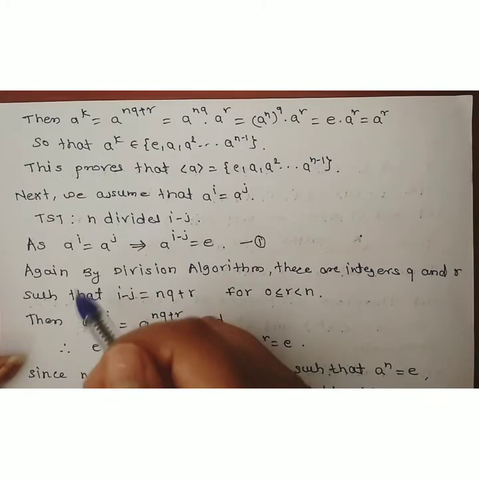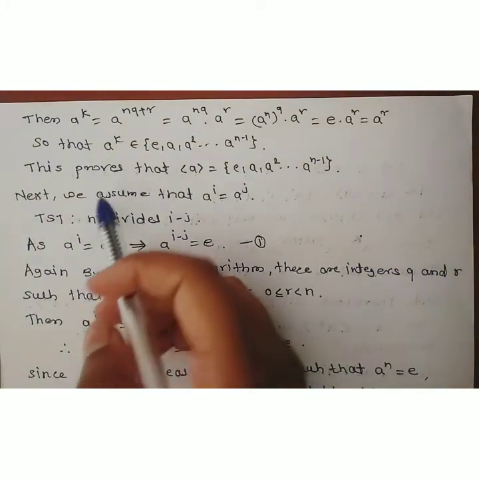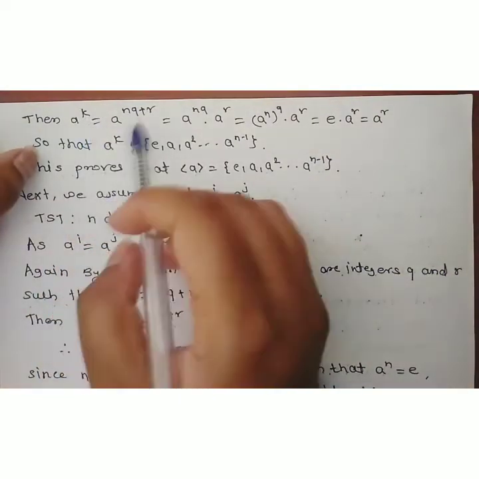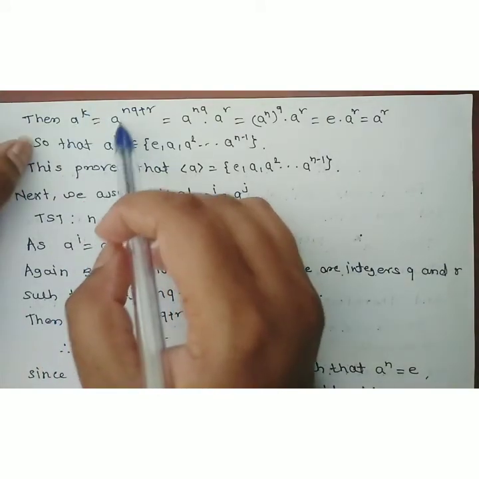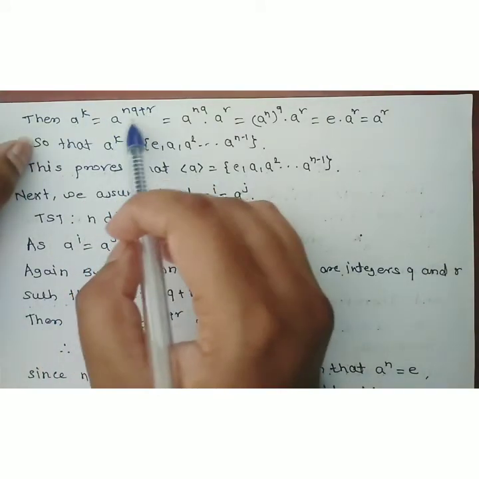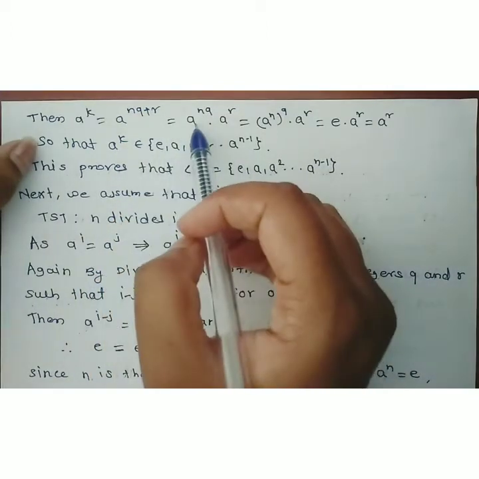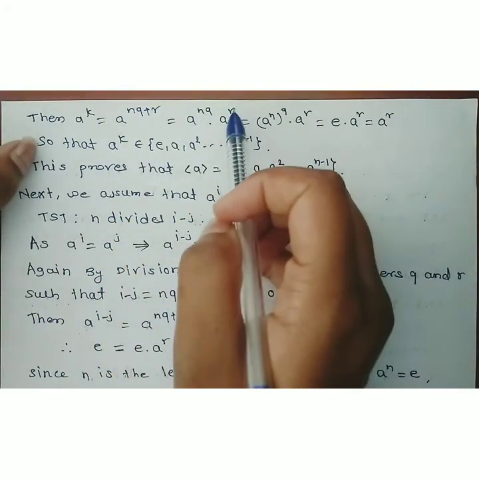Now take a as the base on both sides, therefore we get a to the power k is equal to a to the power nq plus r. This should be split as a to the power nq into a to the power r.